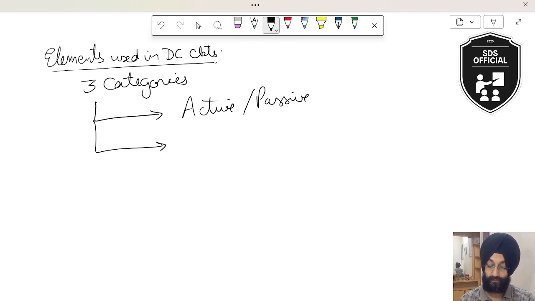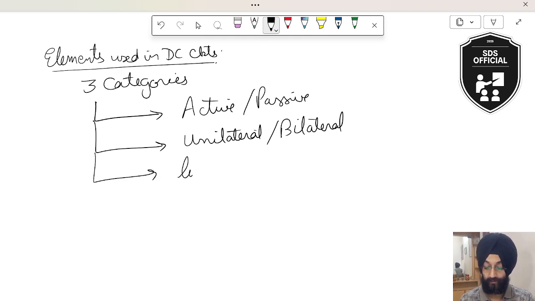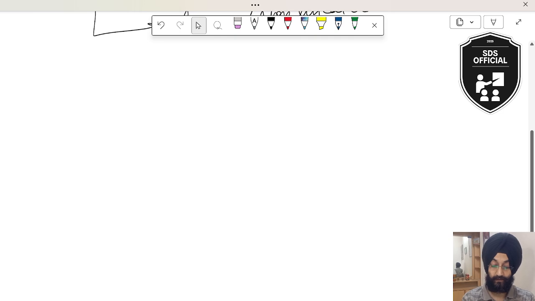Number two, they can be unilateral and bilateral devices, and they can be linear and non-linear elements. So let us start with the first category, which is active and passive elements.